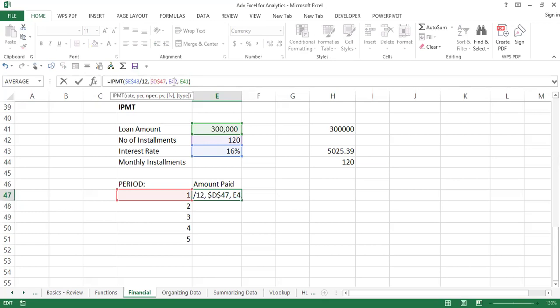This second one doesn't need dollar sign. The other ones need dollar sign.